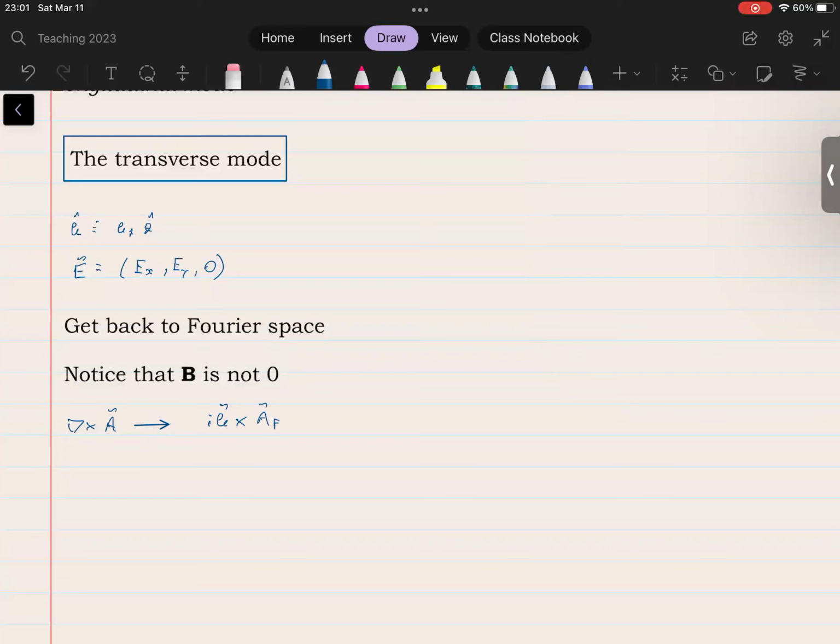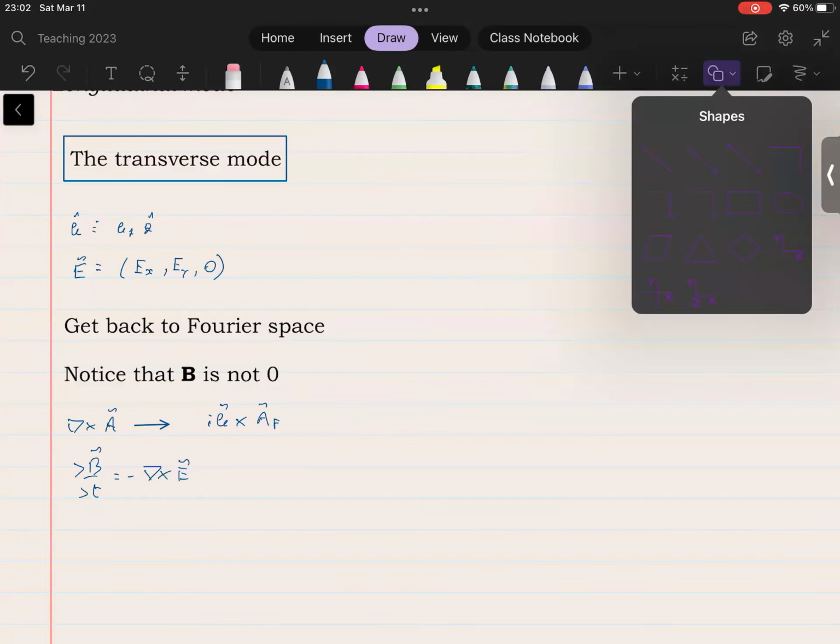But dB over dt is the curl of E. I wrote it backwards with respect to how we normally write it, but it doesn't matter.